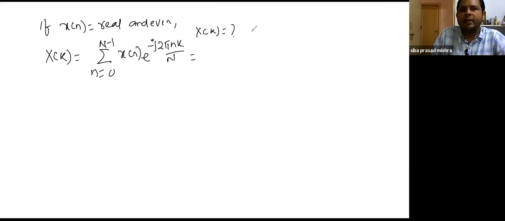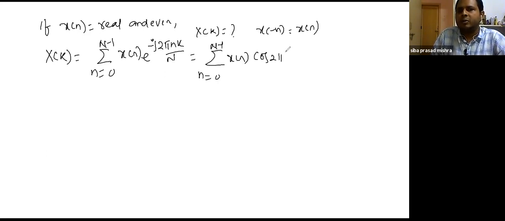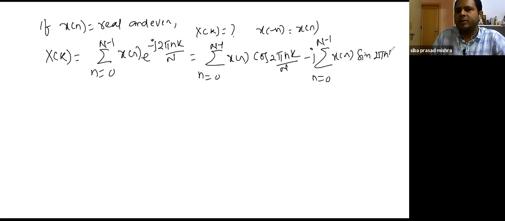Real and even means x of minus n equals x of n. So we can write summation of n 0 to N minus 1, x of n cos of 2 pi nk by N, minus j summation of n 0 to N minus 1, x of n sin of 2 pi nk by N.